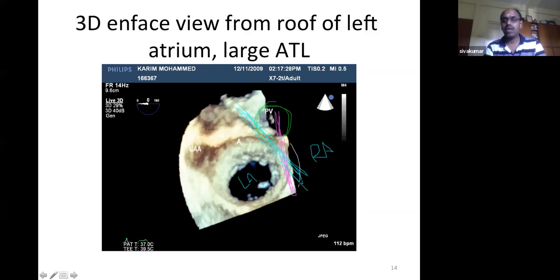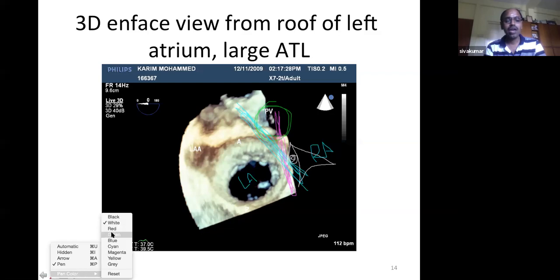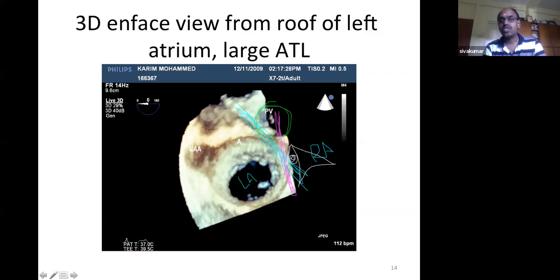In normal heart, this would have been the tricuspid valve, and this is the region of the coronary sinus, tendon of Todaro. The posterior AV node would have given the penetrating AV nodal bundle that would have gone into this place.